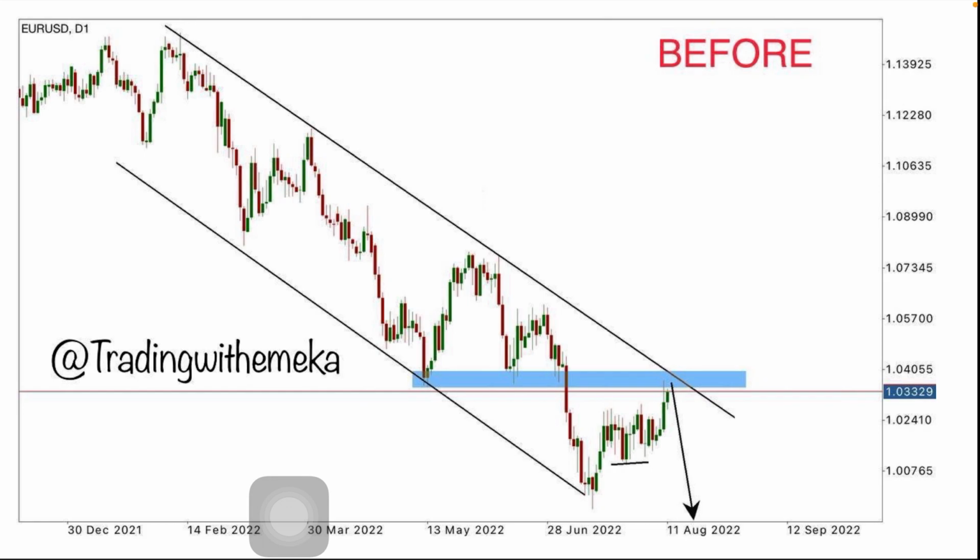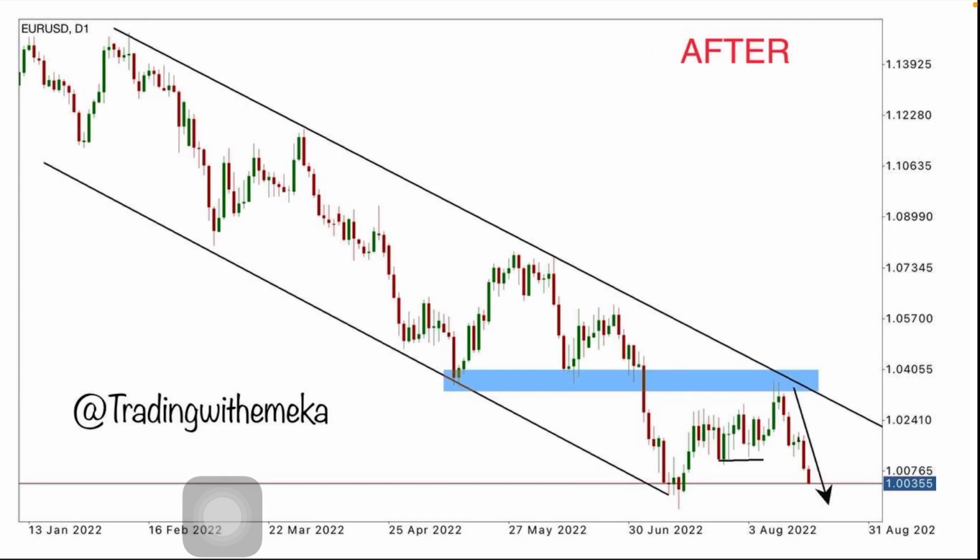I identified a successful break of structure to the downside, and I was expecting price to retest the structural level, and it actually got to that point. I marked that the market was going to sell upon a successful retest of the structural level, and guess what? The market sold. The market respected the setup.